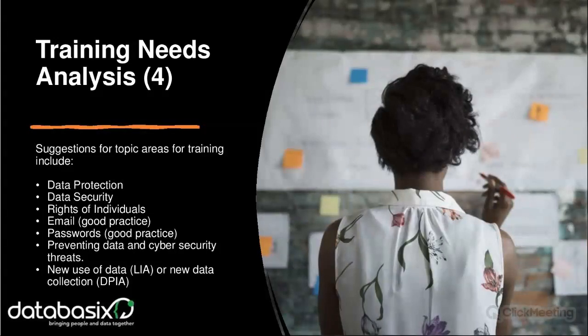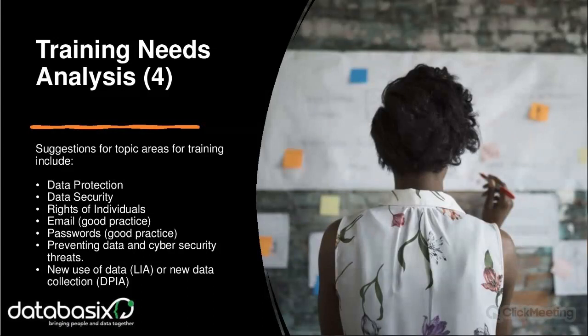What about the more detailed roles within your organization that might be determining new uses of data? So your marketing teams, are they identifying new ways to curate data from the public domain? Only this week, Clearview got fined £7 million by the Information Commissioner because they were scraping data about us from the public domain with no real justification to do so.